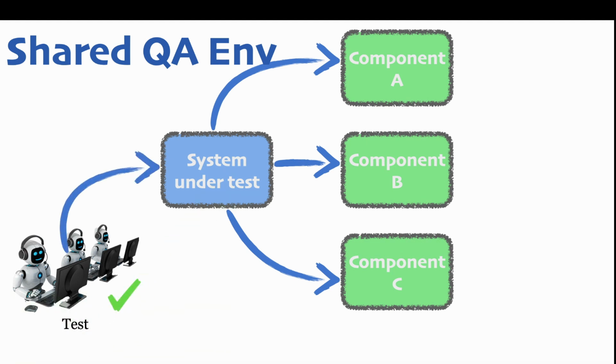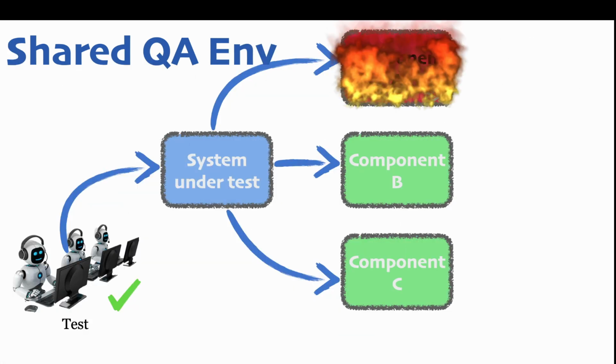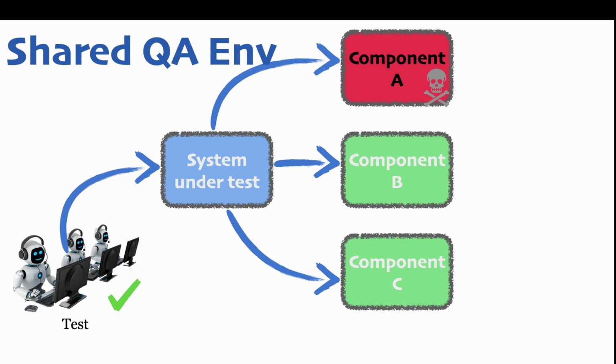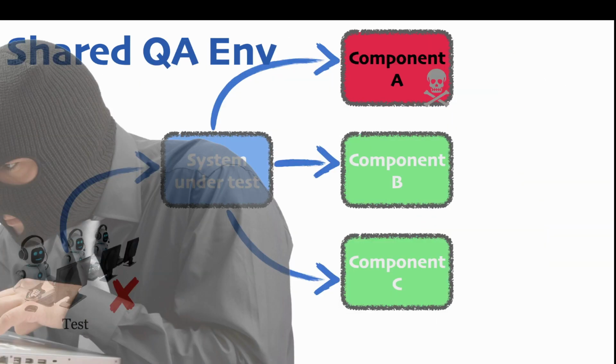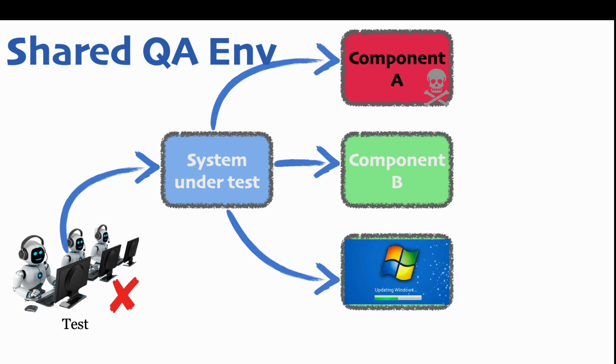But what if another QA from another team just brings their service down for some reason, maybe they update their version to be tested. In that case, our test will fail for sure. Or even what if another QA from another team just updates the patch of their machine. This also shows a false positive in our test automation result.